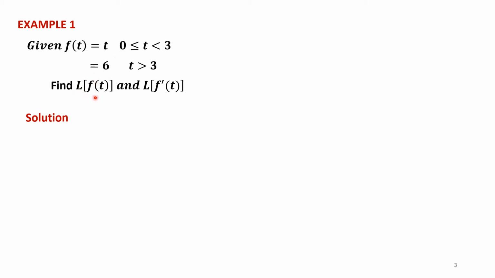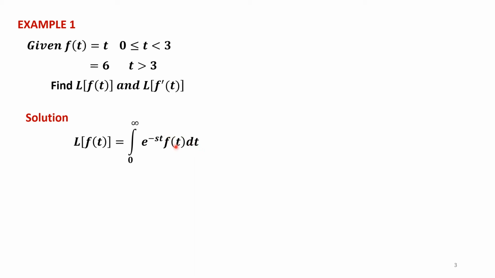So first our aim is to calculate L of f of t. Since f of t is defined in 2 intervals, we have to calculate L of f of t by using the basic definition of Laplace transform. So we know that L of f of t is equal to integral 0 to infinity e raised to minus st into f of t dt.